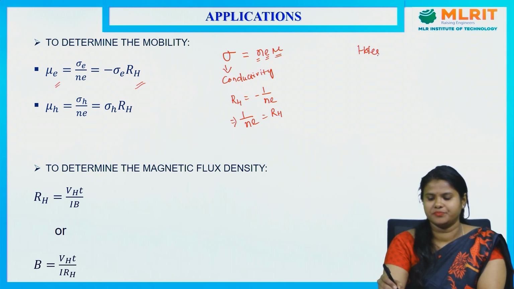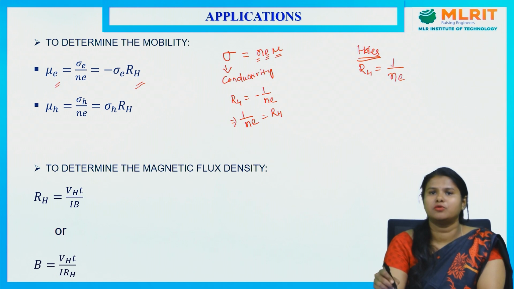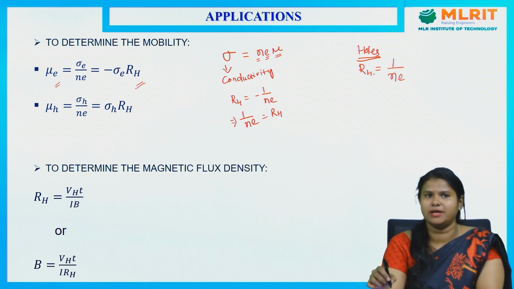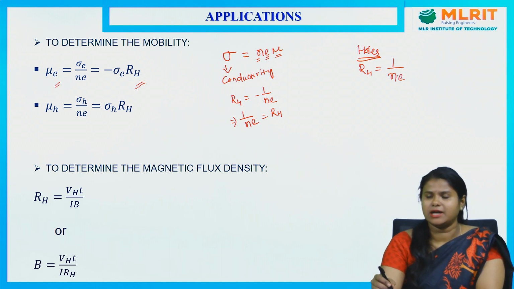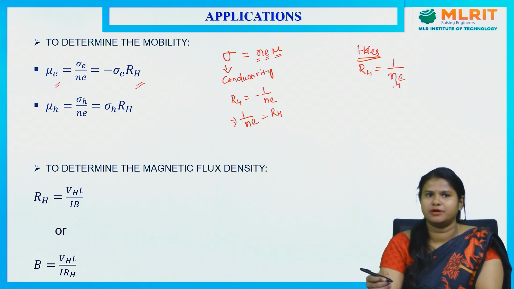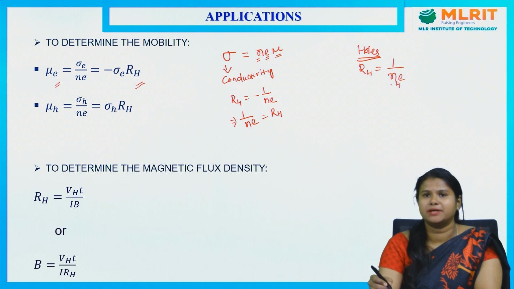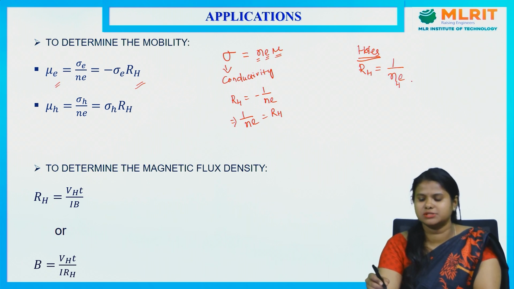For holes, the value of the Hall coefficient RH will be equal to 1 over Ne. For electrons it is minus 1 by Ne; for holes it will be plus 1 by Ne. Here I am taking the number density of holes NH into the charge.